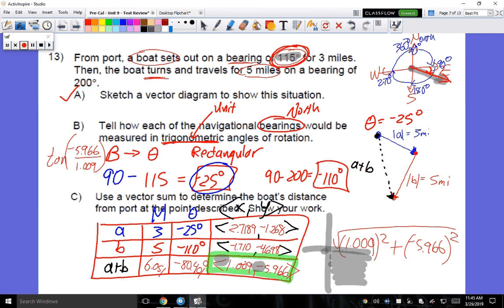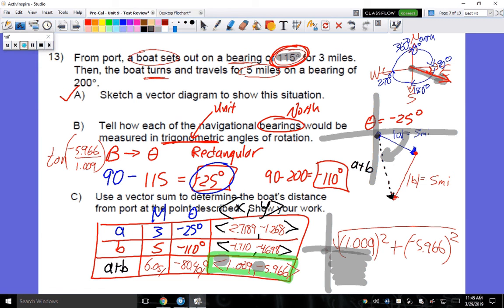And that does in fact look like our resultant if this is where we're originating. So almost a negative 90. This is traveling at a negative 80.401 degrees.